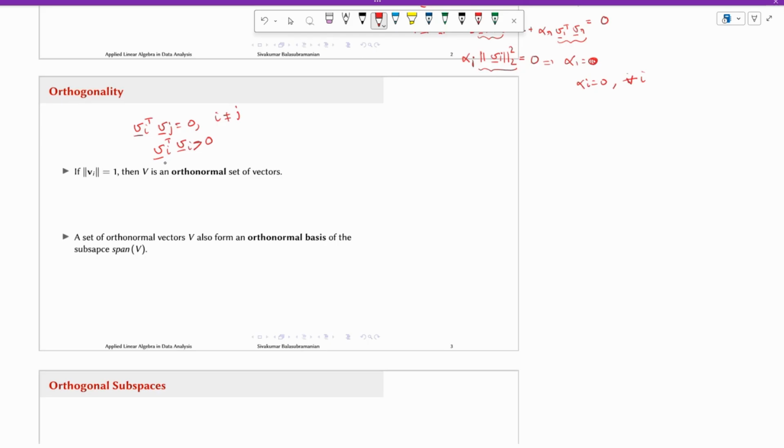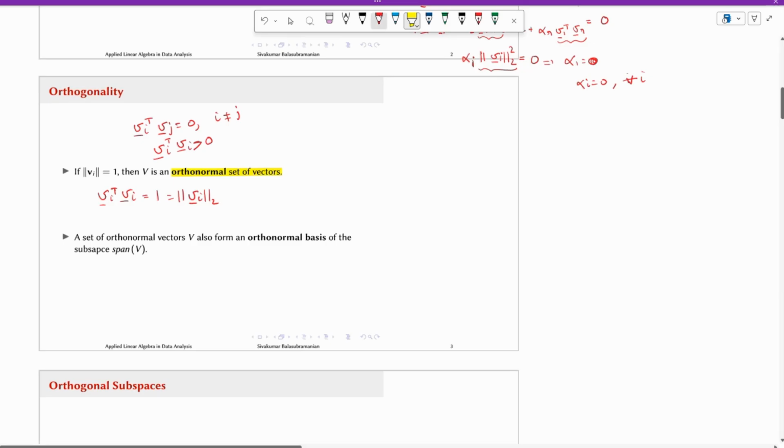Now, instead of vi transpose vi being greater than 0, if we impose the condition that vi transpose vi must be equal to 1, or the Euclidean norm of each vector has to be 1, then you have not just an orthogonal set of vectors, but a set of orthonormal vectors. You essentially normalize the length of each vector.